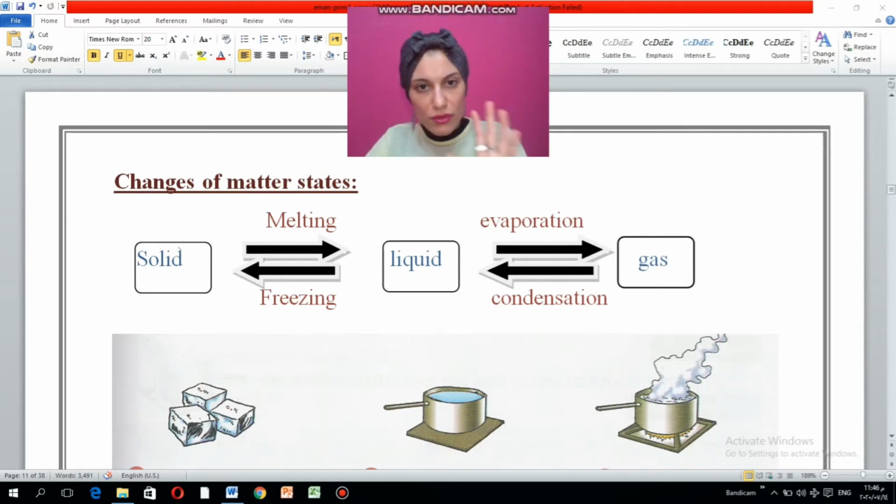Each stage of these has a name: from solid to liquid has a specific name, from liquid to gas has a specific name, from gas to liquid has a name, and from liquid to solid has a name. We will learn them now together. From solid to liquid it is called melting, and from liquid to gas it is called evaporation, and from gas to liquid we say it is condensation, and from liquid to solid it is called freezing.